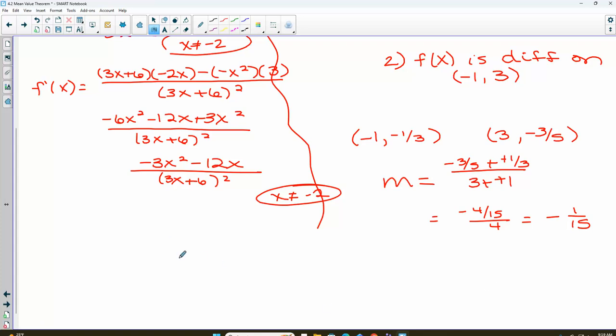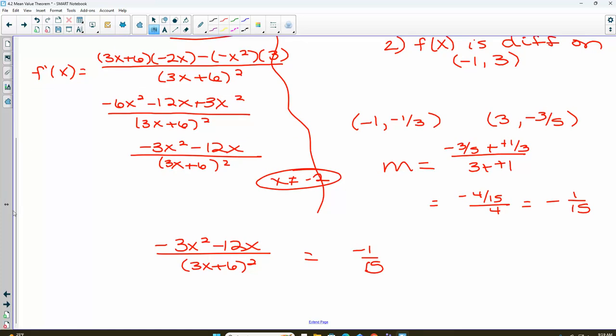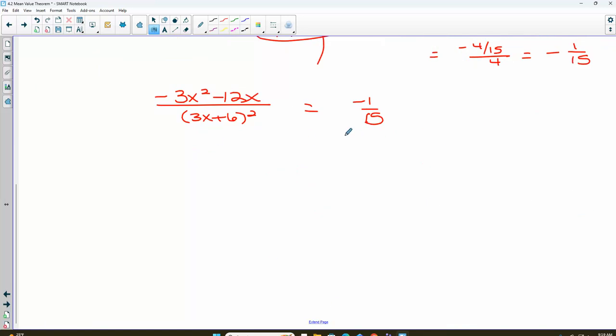So mean value theorem says my derivative has to equal the slope. All right.